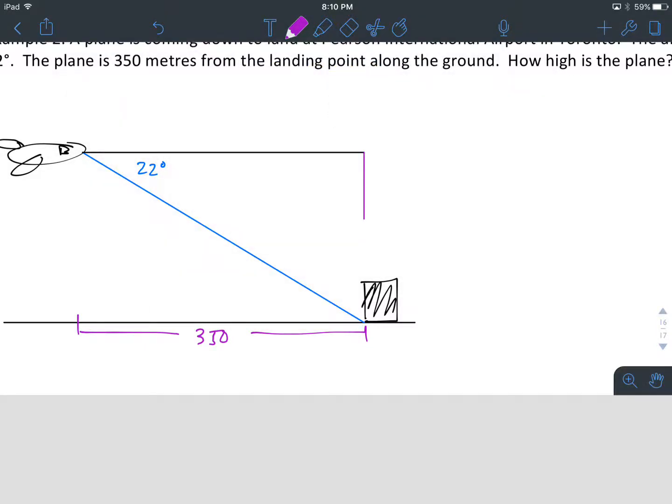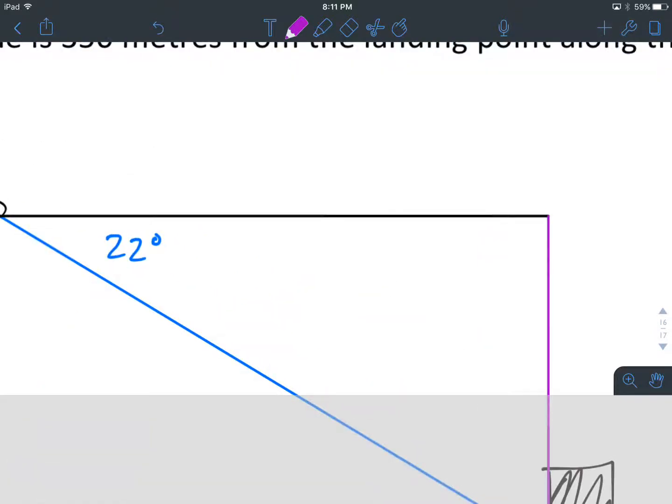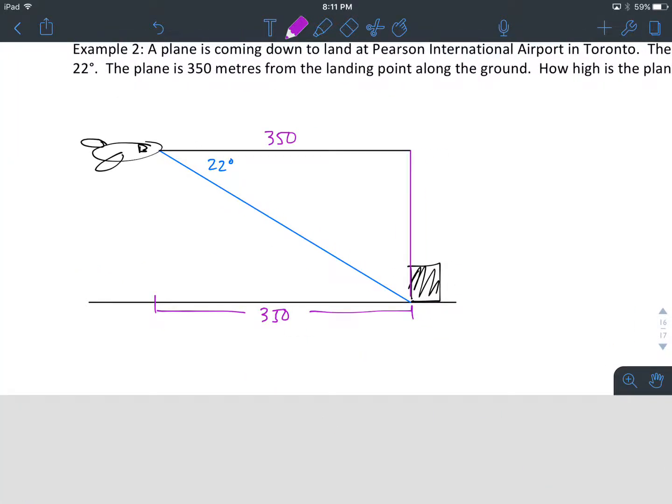It's kind of hanging out up in the air, but that's okay because this would also happen to be 350 meters. If you can sort of see that, because both the top, this piece up here, and this piece would be equal. So we can just write the 350 up there.